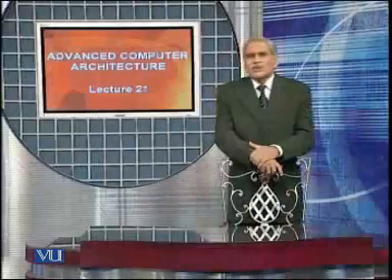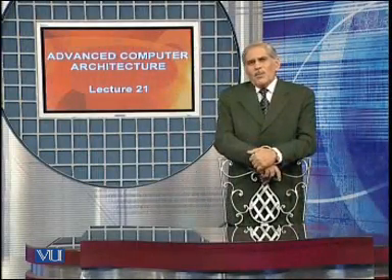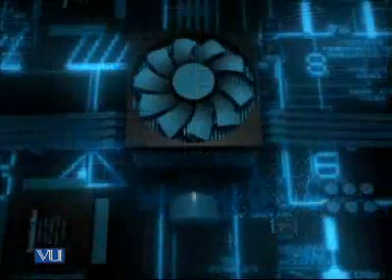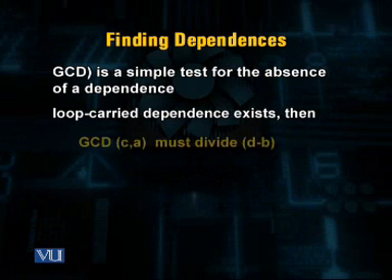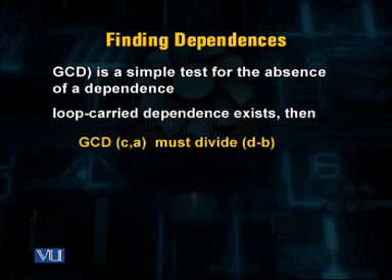Now, the greatest common divisor test is one where, if a loop carried dependence exists, then the greatest common divisor of the two affine constants of index, that is in our earlier example, of A and C, must divide the difference value, that is D minus B.